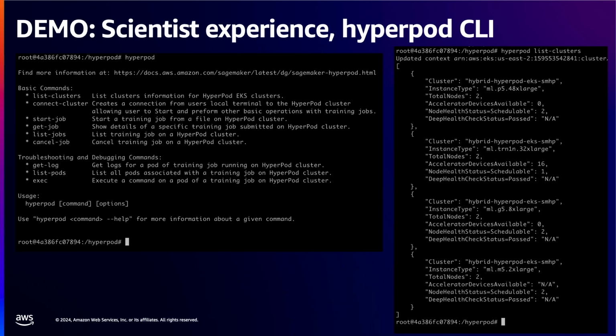You can list your compute, and then you can start a job, manage your jobs, and see the logs of those jobs. On the right here is an example of how we run the HyperPod list clusters command, and it shows the different instance groups that we have in the cluster.